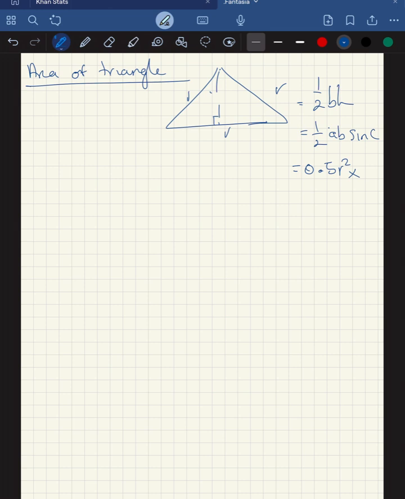We're going to put our calculator in radians. So we're going to say sine of pi over 3. Sorry, not pi over 3, pi over 6. That gives us 1/2.